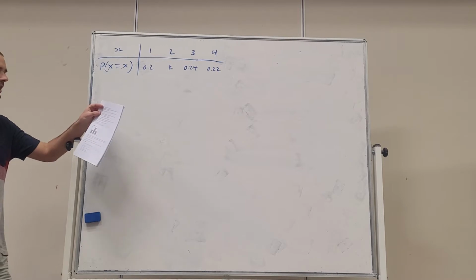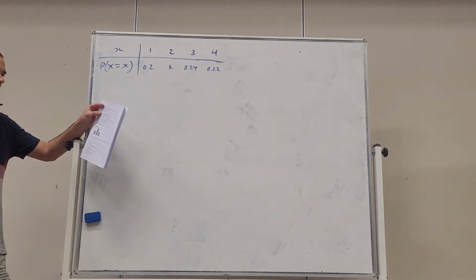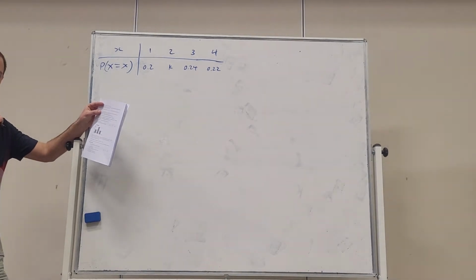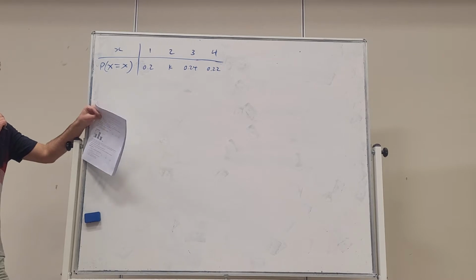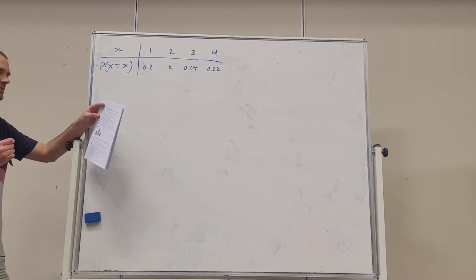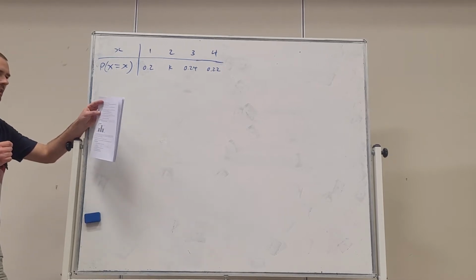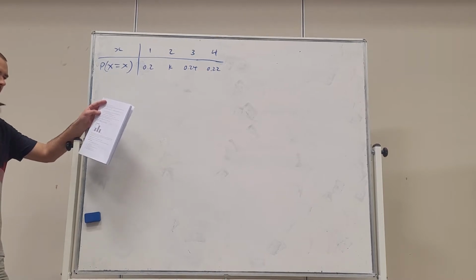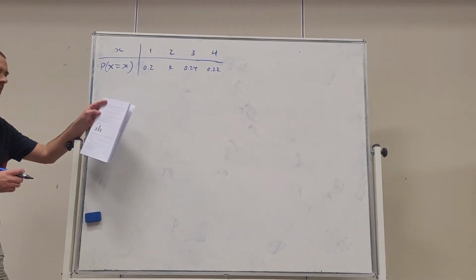All events lie between 0 and 1. And the sum of all probable events is equal to 1. So when you add up the probabilities of all the events that can occur, you will always get 1.